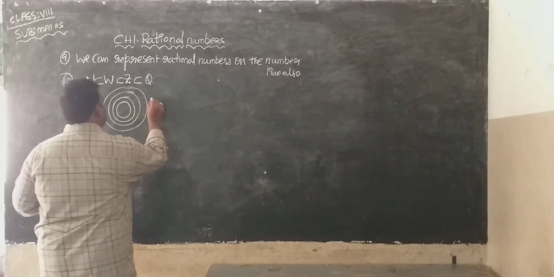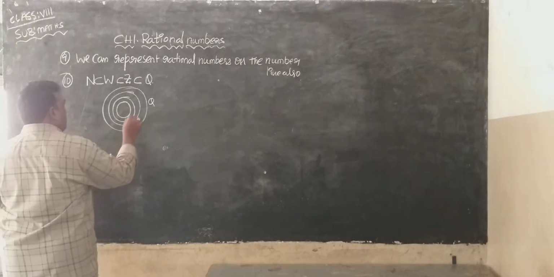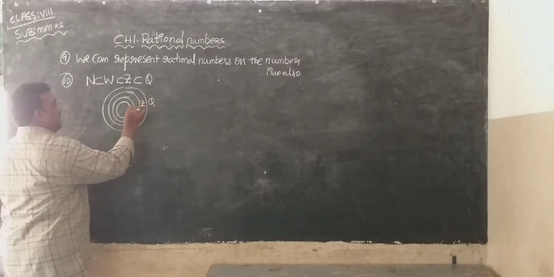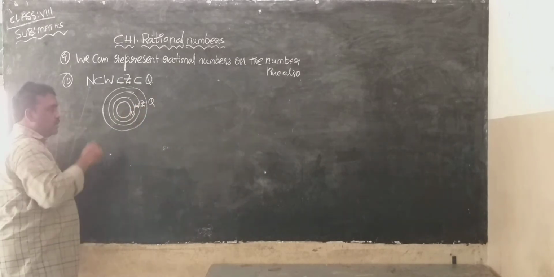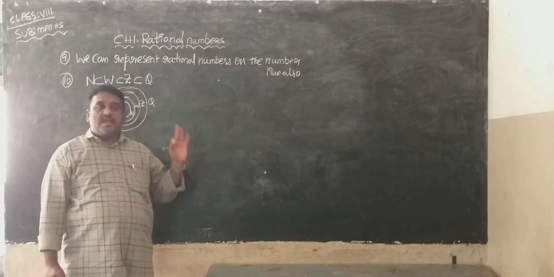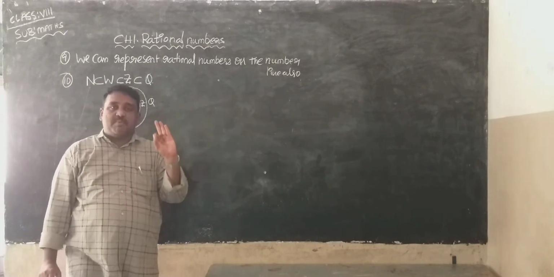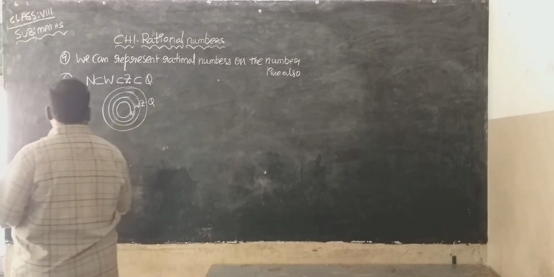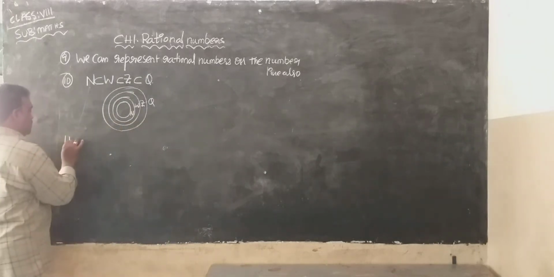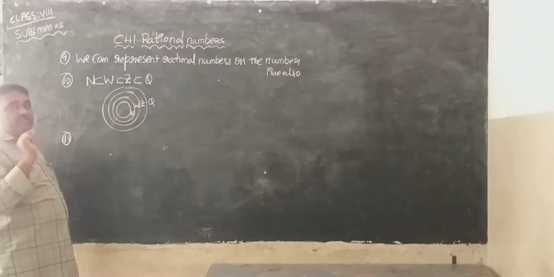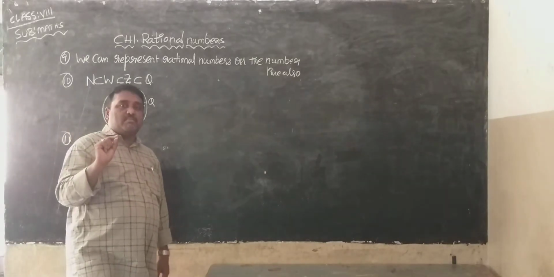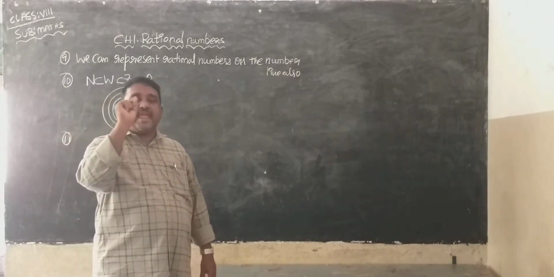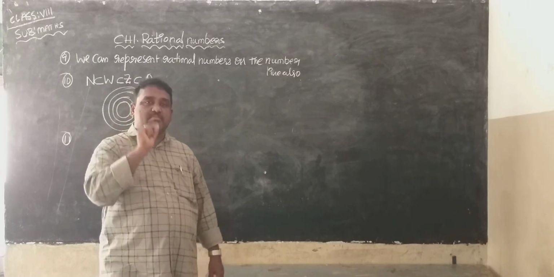The big circle is Q. The next circle is Z. The next circle is W. The small one is N. So that is the diagram for N subset W subset Z subset Q.